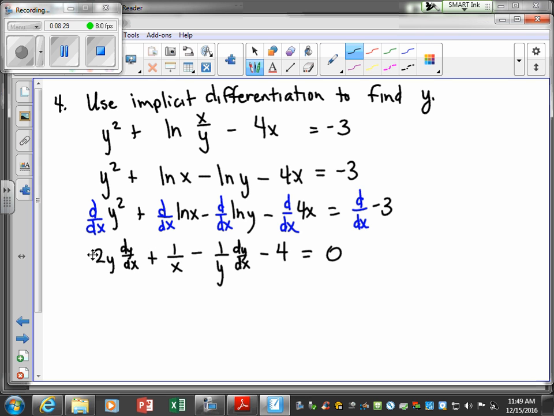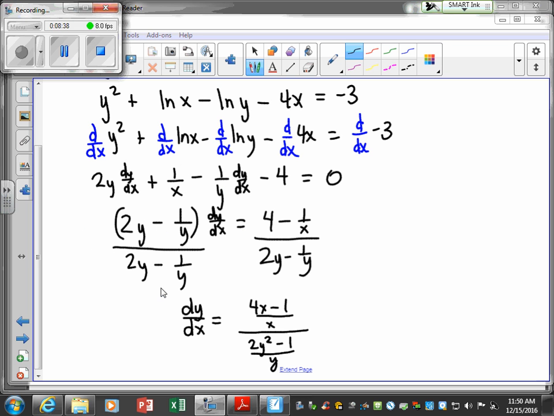Our next step is to get all our dy/dx terms together. So I'm going to group these two and factor out a dy/dx, and I'm going to move this term to the right. Then we divide both sides by this parenthesis, and we're left here. When I simplified this, I got a common denominator in the numerator, which is x, so this is a combined fraction. I did the same thing in here so that we can simplify this a little better.